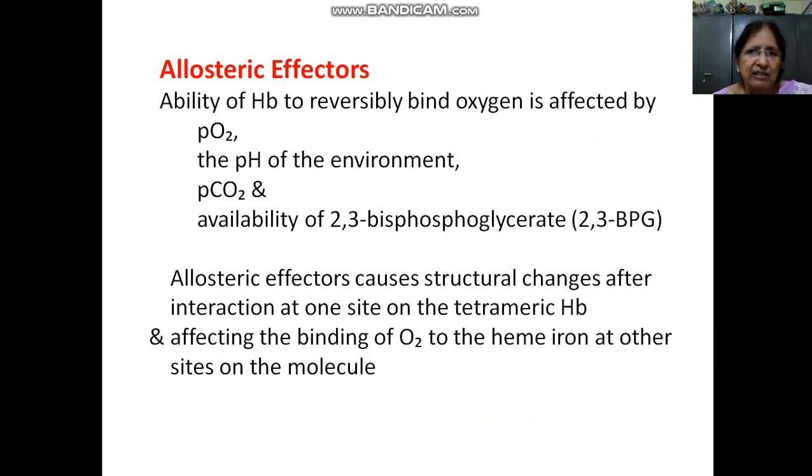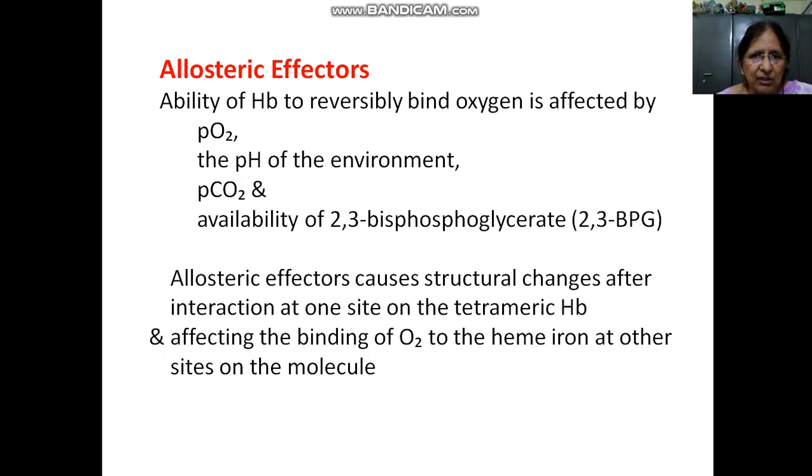Now coming to the allosteric effectors. You know the allosteric effectors bind to the allosteric site, which is different from the enzyme's active site, and then they produce their effect. And what are the allosteric effectors for hemoglobin oxygen binding?